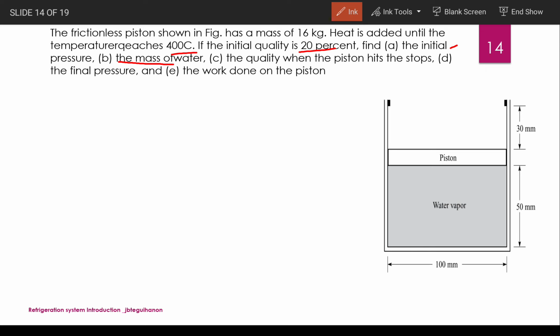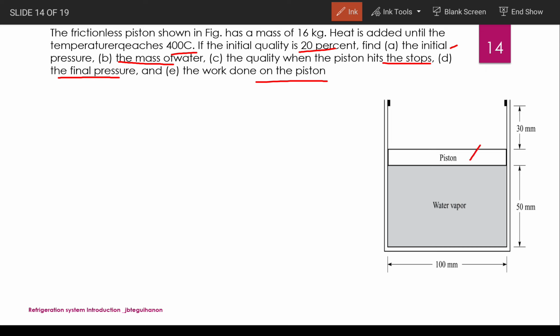the quality when the piston hits the stops. And then we also find D, the final pressure, and E, the work done on the piston. So here's the figure. This is the piston.